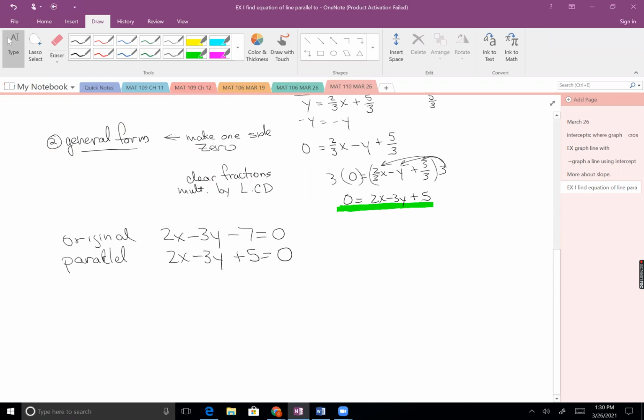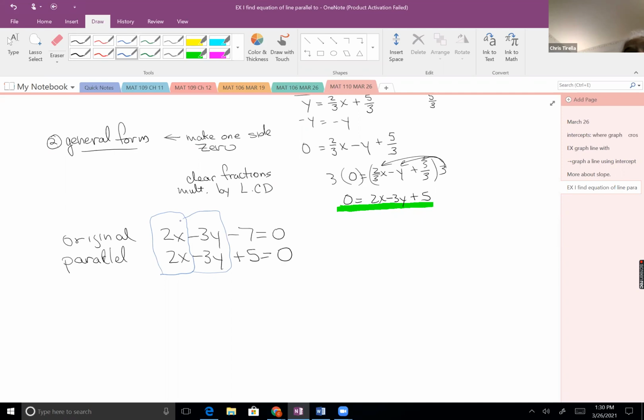One starts up higher on the y-intercept. Beautiful, beautiful. The y-intercepts are different. I'm looking at more like physically, if I compare those two equations, does anybody notice that the x coefficients and the y coefficients are the same? All that's different is the constant.